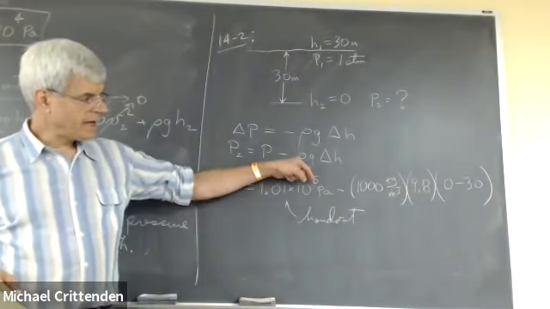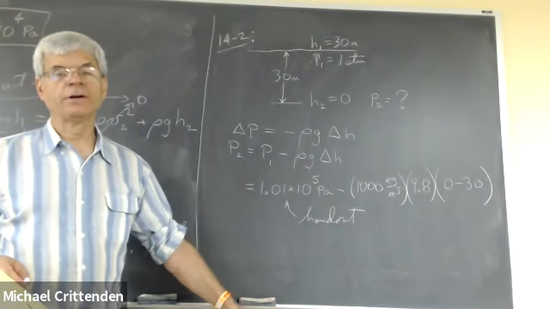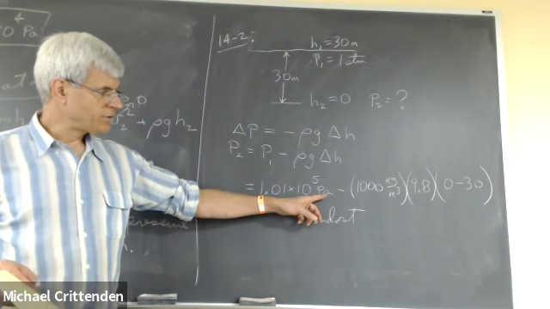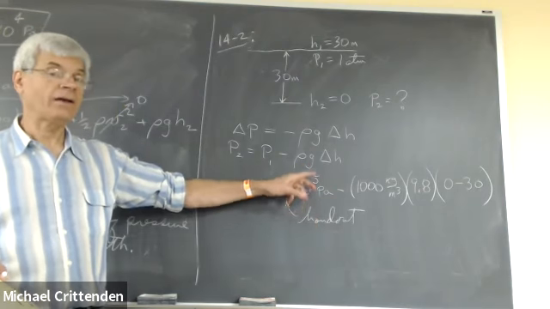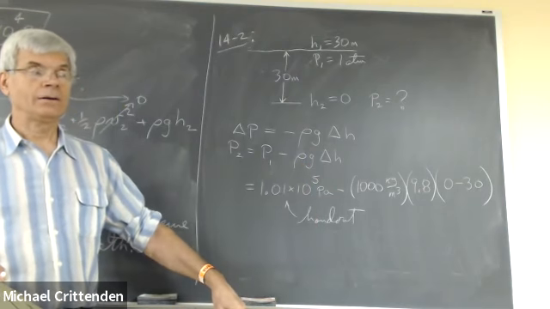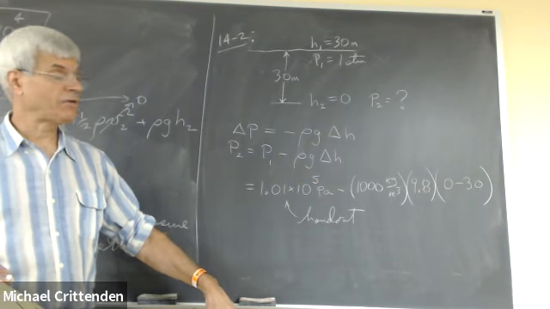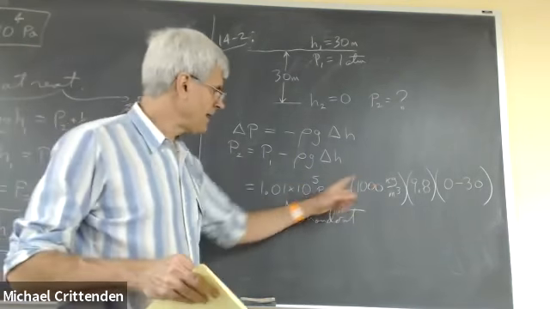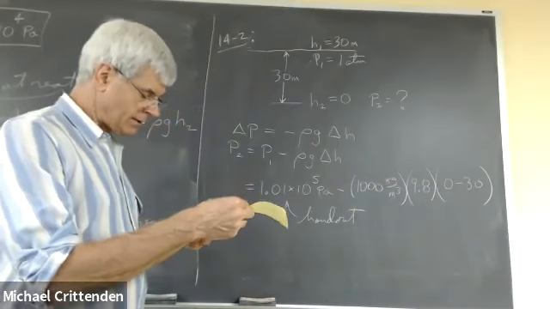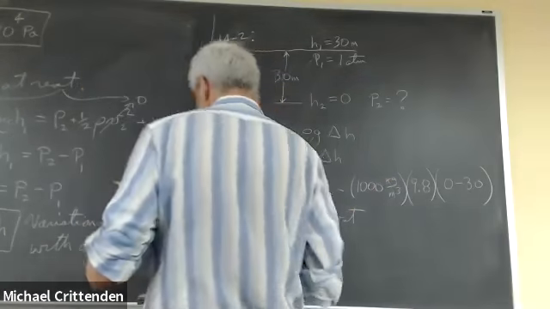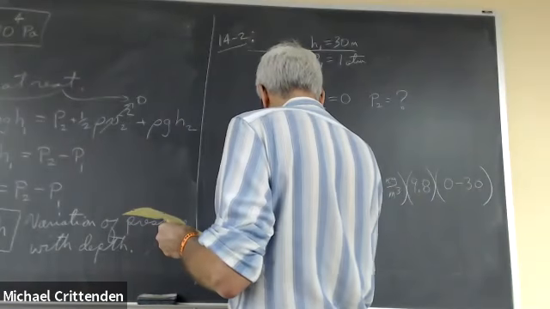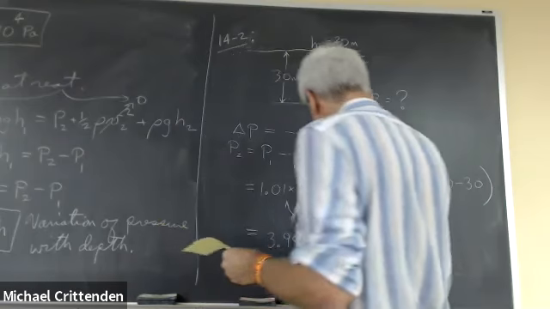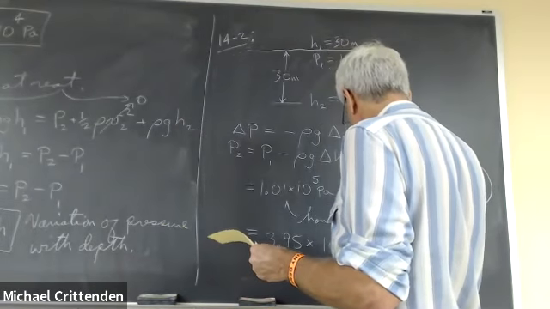You should be adding to the pressure as you get farther and farther down. If the pressure seems to be getting less as you get deeper, you've probably forgotten a minus sign somewhere. So minus cancels minus, and you're adding this to that, and it comes out 3.95 times 10 to the 5th.